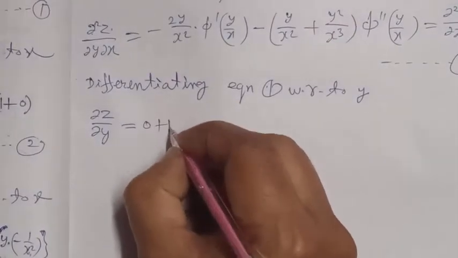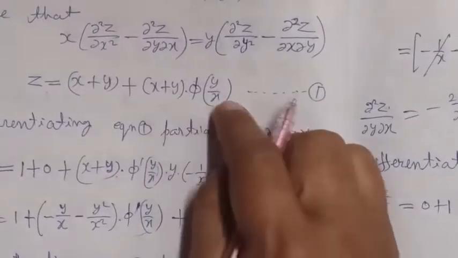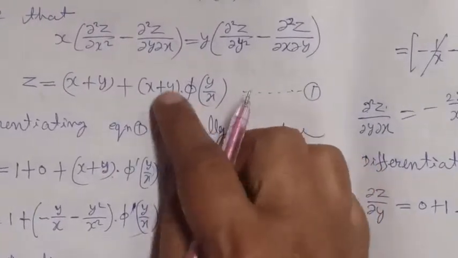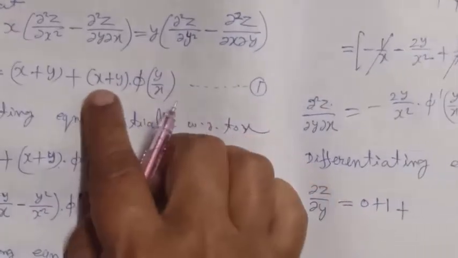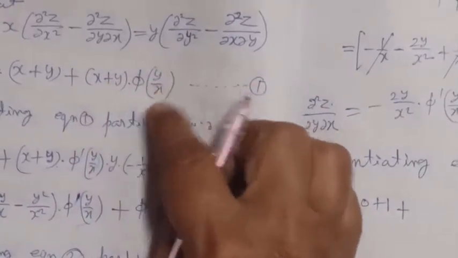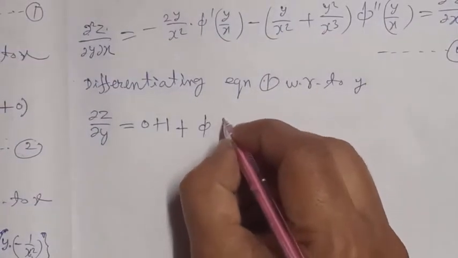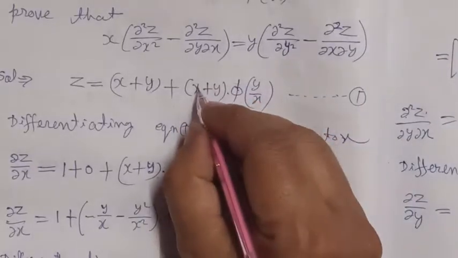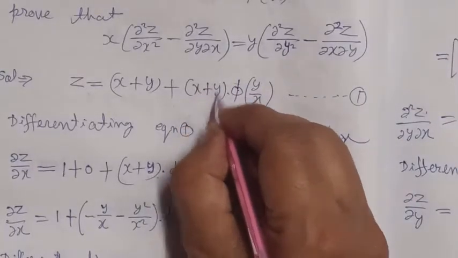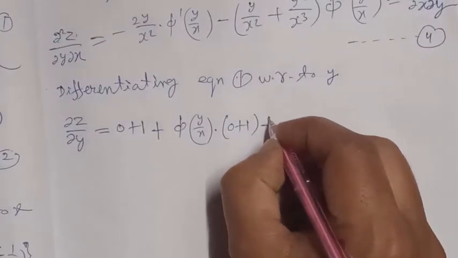0 plus 1 plus, but here this is a product of two functions, so apply the product rule here. So I write this function as it is, phi y upon x, and differentiation of x plus y: differentiation of x is equal to 0 and of y is equal to 1, so 0 plus 1 I write here.